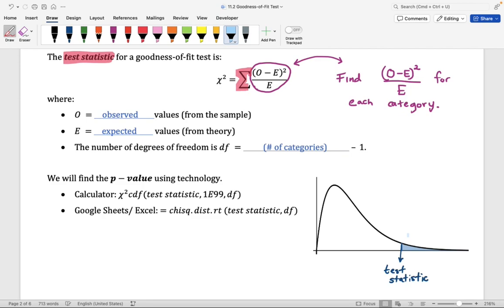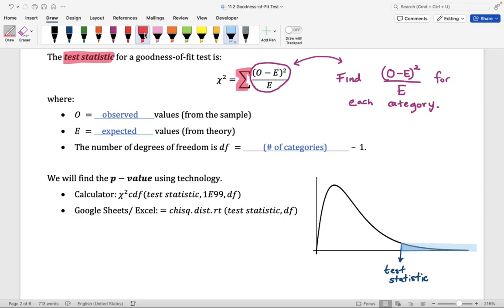The test statistic is a representation of the difference you're seeing between the observed values and the expected values for all the categories. Okay? So again, it's always going to be a positive value, and you're wondering, what is the probability of observing such difference, such test statistic, or something bigger than that? For this reason, the p-value is always going to be the area on the right tail, okay? The area above the test statistic.